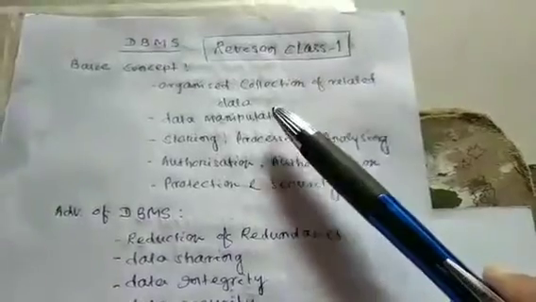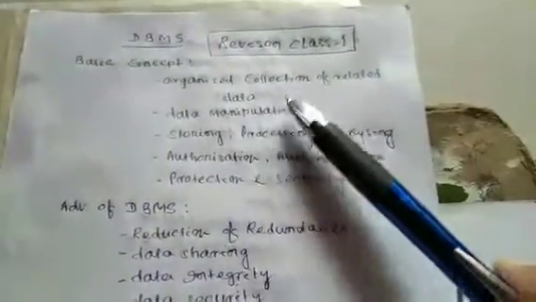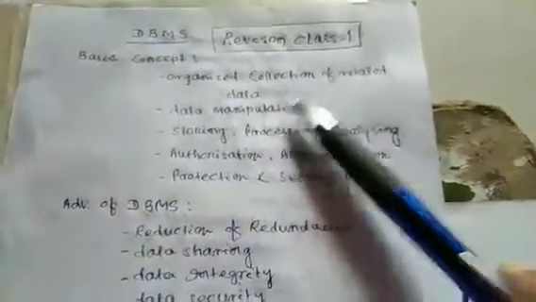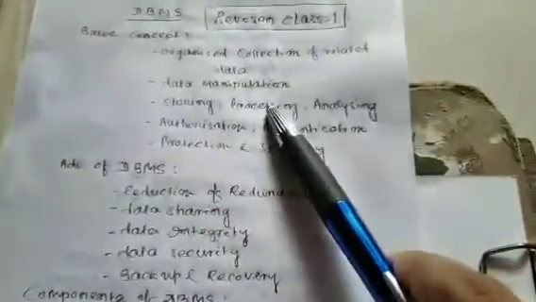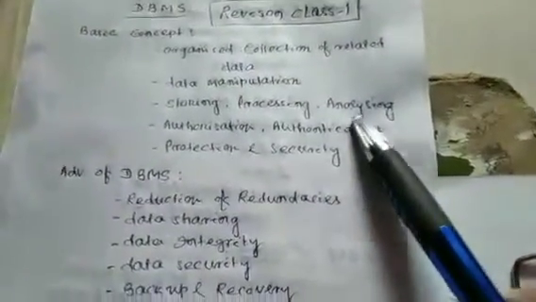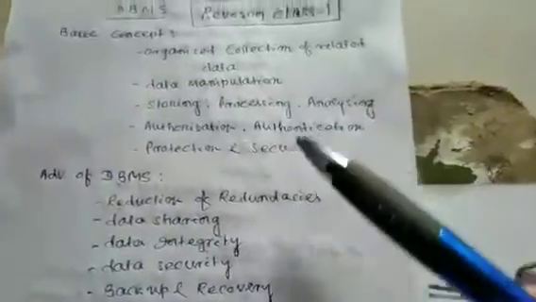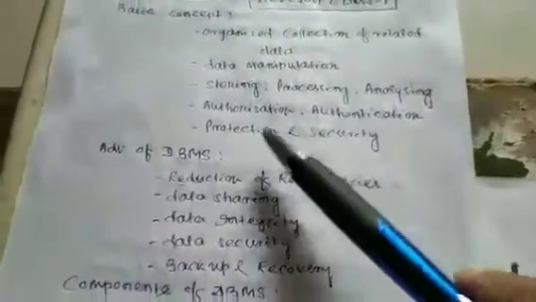Data manipulation means all database operations like insertion, deletion, updation or modification. Data is required to be processed and stored in computer memory. For this we are using all these things, and storing, processing and analyzing the data in the database system is also required.